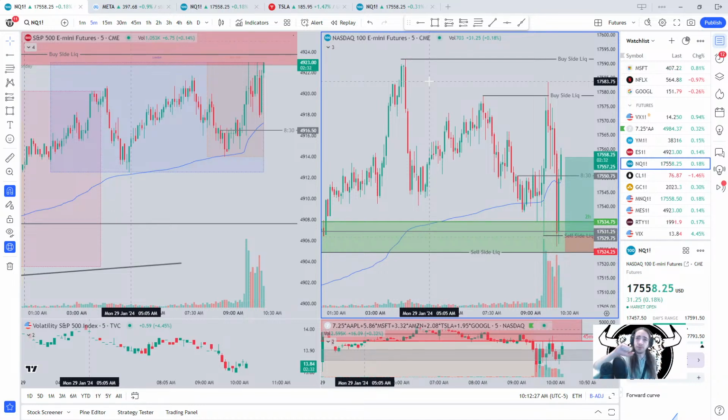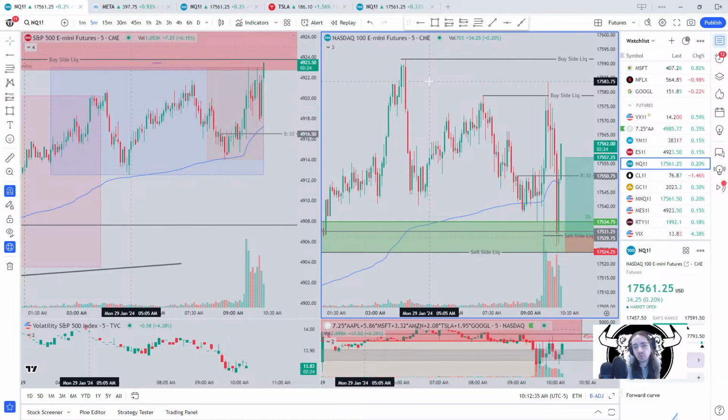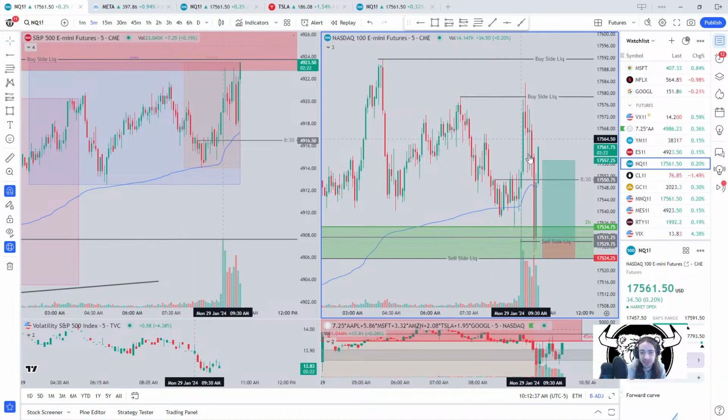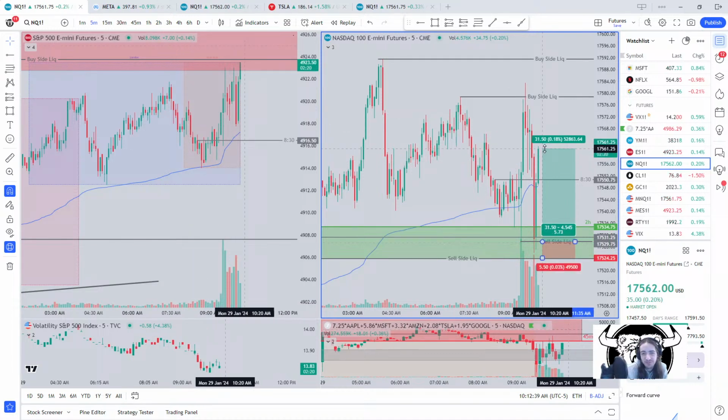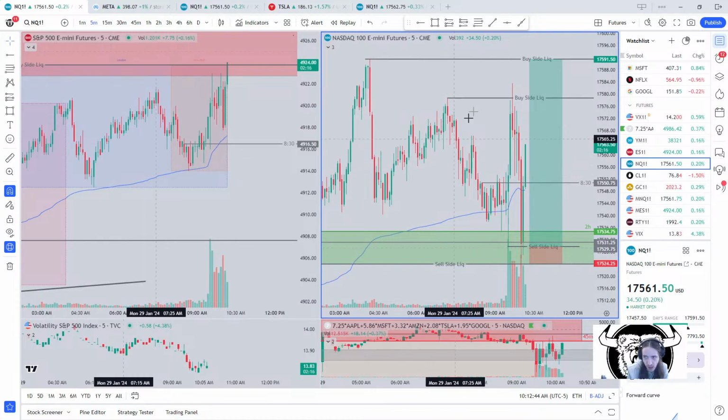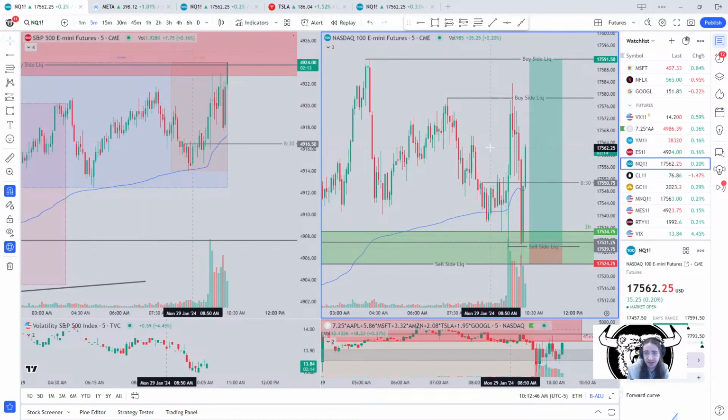Alright, Apple broke VWAP. It is above that 191 price, 191.10 right now. Yo, that is crazy. I wonder if we want buy side liquidity up here at 791.